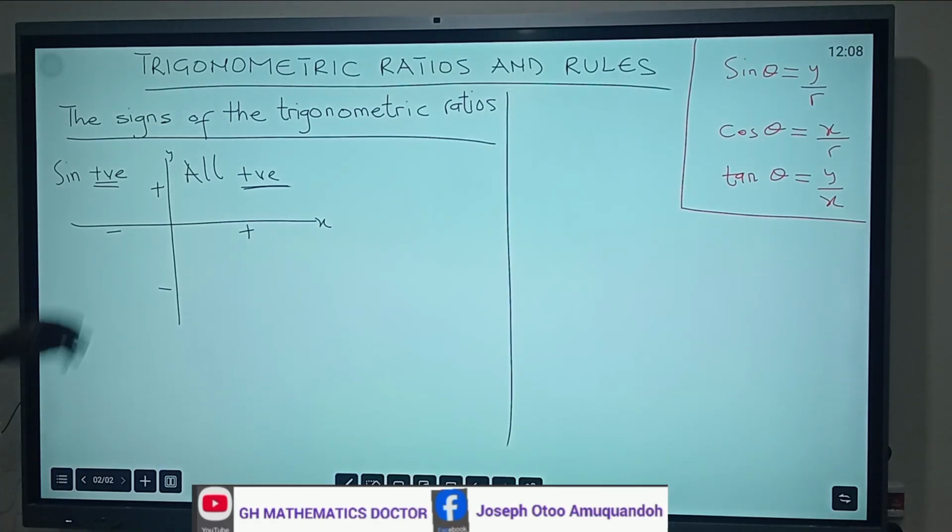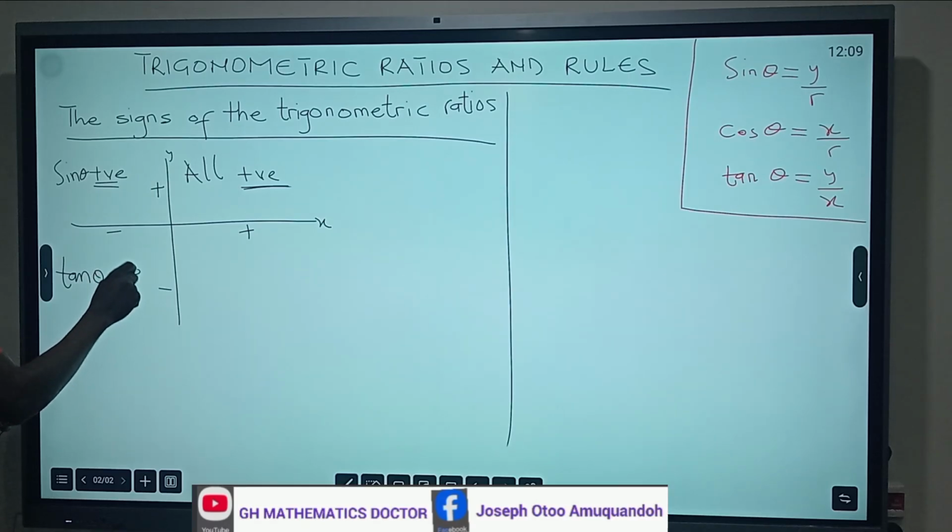So over here we have y, which is negative, over x, which is negative. There's no r in it, so the numerator is negative and the denominator is negative. The negatives are going to cancel, and we are going to obtain a positive fraction or ratio, which means tan will be considered at the third quadrant. So only tan will be positive at the third quadrant.